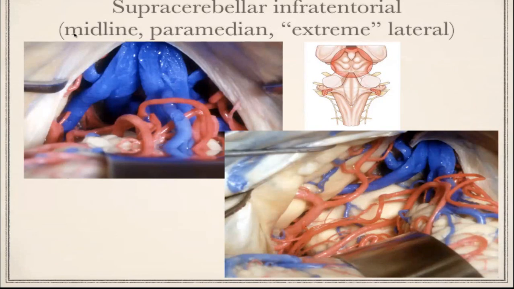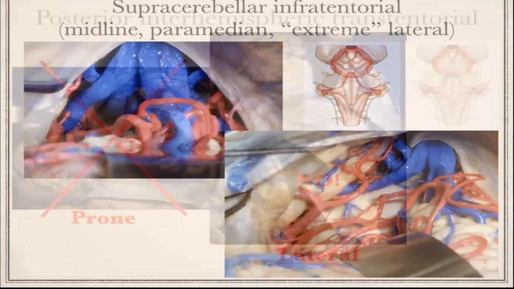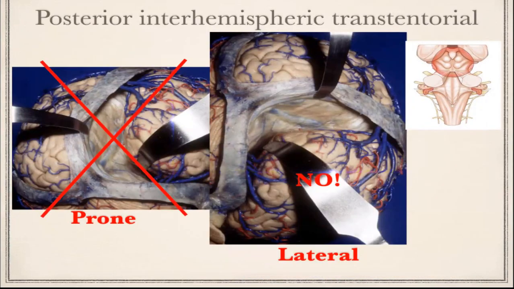Not so much the midline variant, but the paramedian variant, or the so-called extreme lateral. It's a wrong word, but everybody uses it. Essentially, it means go as lateral as you can, like here. That's very, very useful for the collicular area and lateral mesencephalic sulcus.